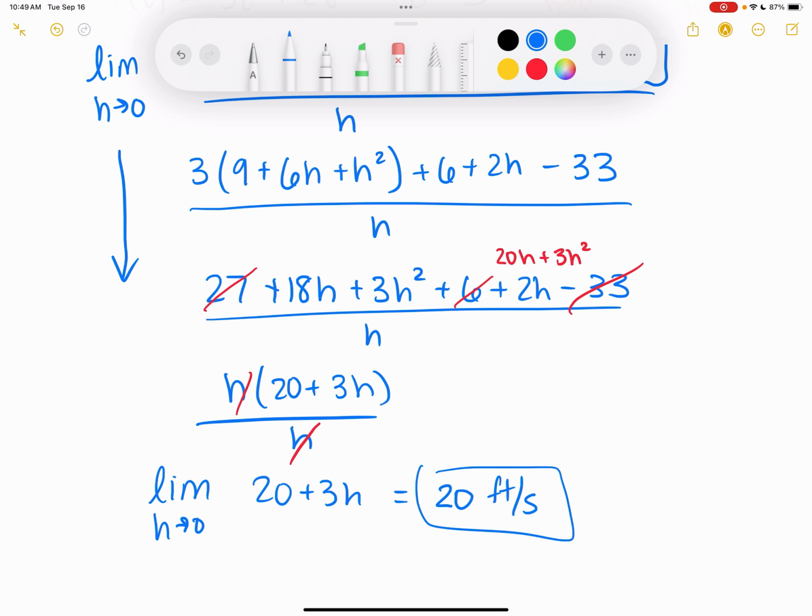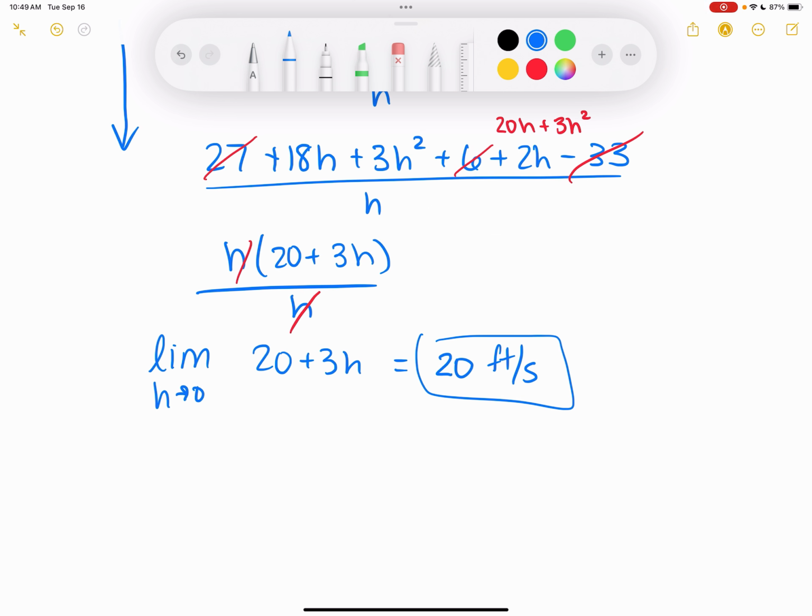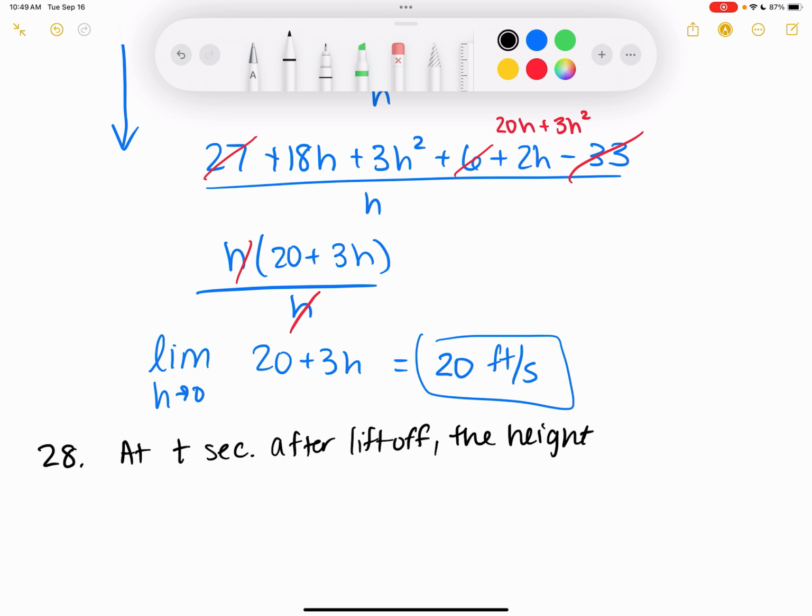Okay. Rocket launch. 28 is at t seconds after liftoff, the height of a rocket, not rock, is 3t squared feet.